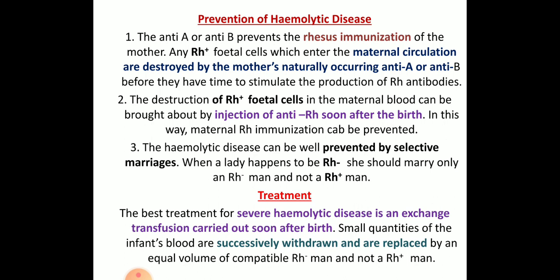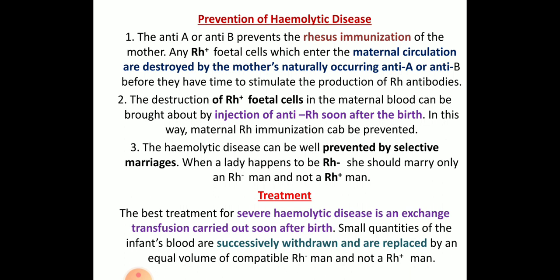How can you prevent these hemolytic diseases? Now you know anti-A and anti-B prevent rhesus immunization, rhesus meaning the rhesus monkey, like the Rh factor. Due to that, the fetal cells in the maternal circulation are destroyed by the mother's naturally occurring anti-A and anti-B. This is the first condition. In the second condition, to destroy Rh positive fetal cells, you need to give the injection of anti-Rh as soon as the birth takes place.